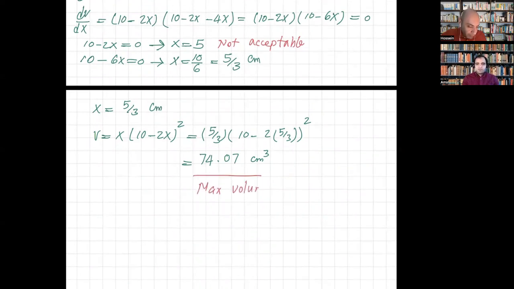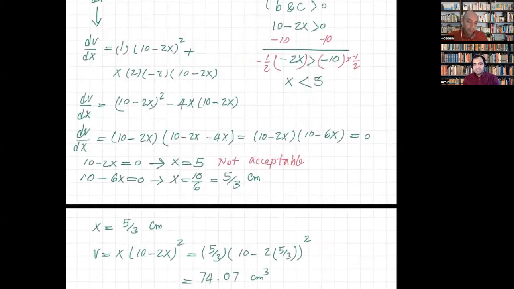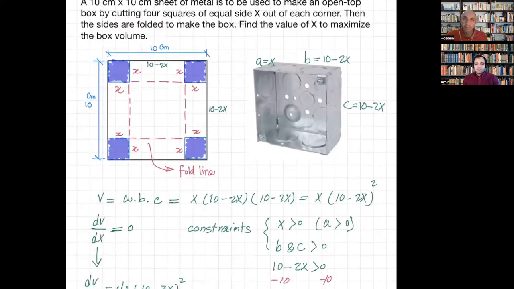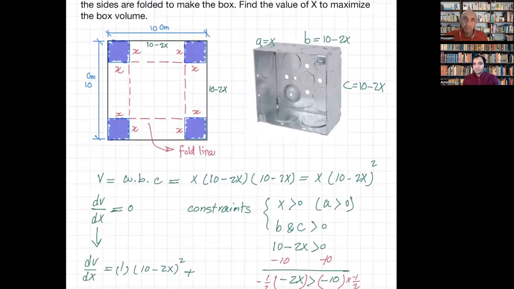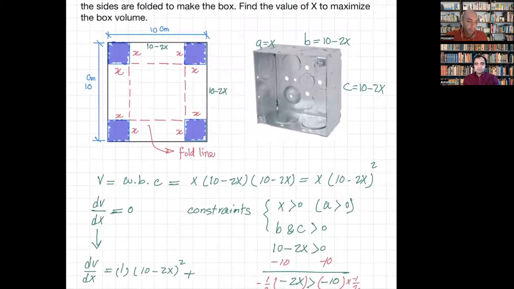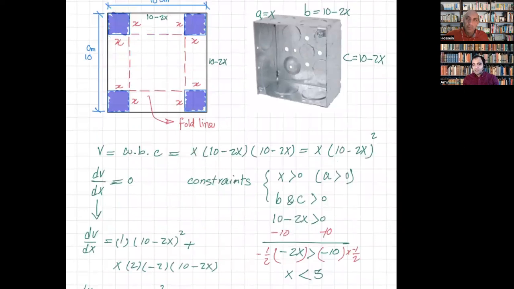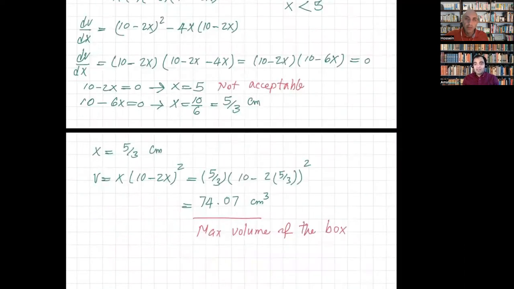So if we have a cardboard and want to make a box out of it and put more stuff in it, we can just look at the solution of this problem. Based on the initial size of the cardboard sheet that we have, we obtain the volume of the open box, which is maximized.